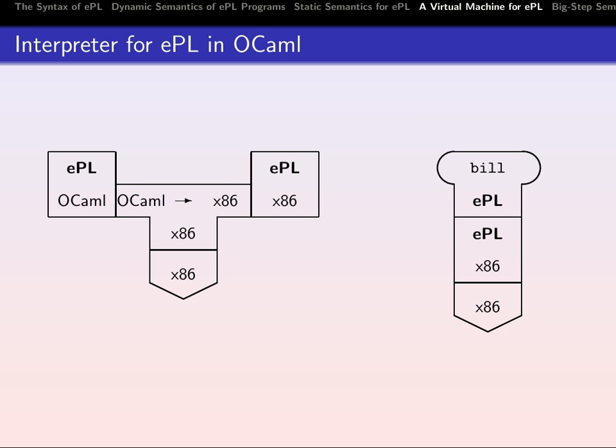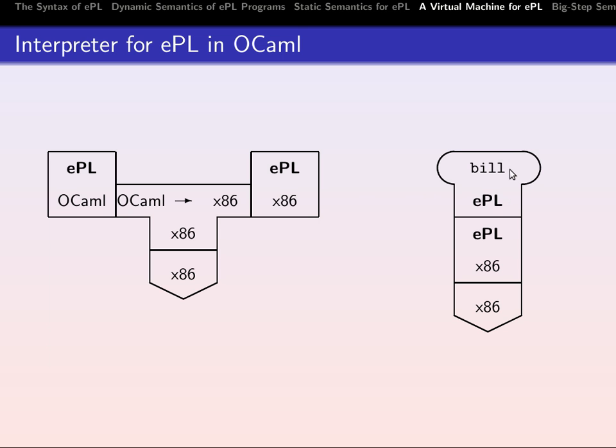So the interpreter of EPL is an x86 binary. We take the OCaml code that represents the EPL interpreter, compile it, and we get an EPL interpreter that is an x86 binary. Okay?